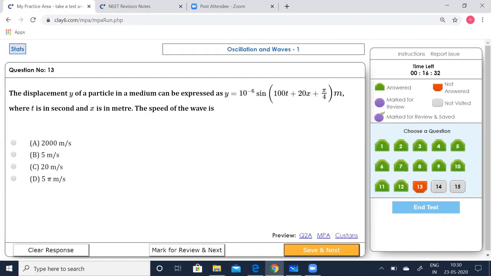The 13th question. The displacement y of a particle in a medium can be expressed as y equals 10 to the power of minus 6 sine (100t plus 20x plus pi by 4) meters, where t is in seconds and x is in meters. So the speed of the wave is what? Let's quickly solve that.